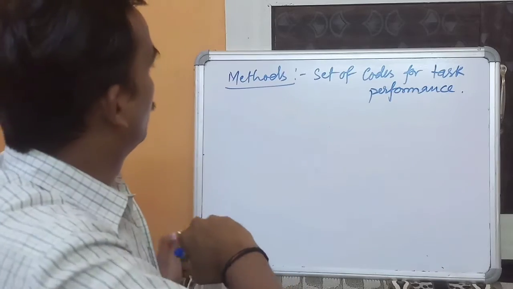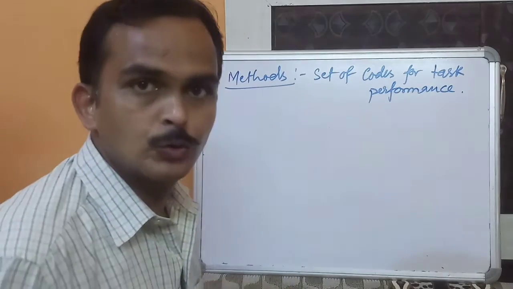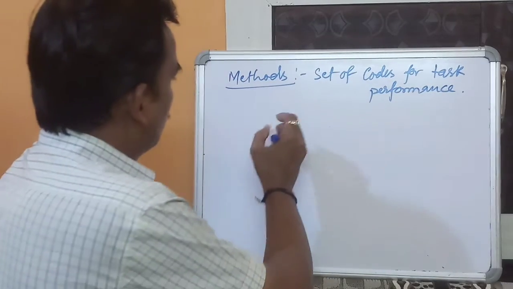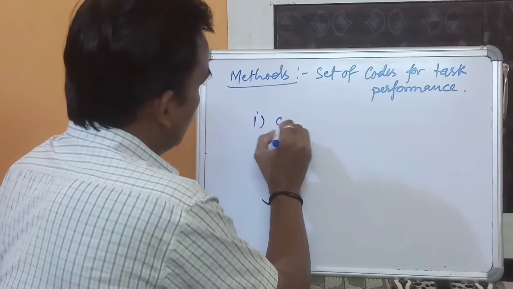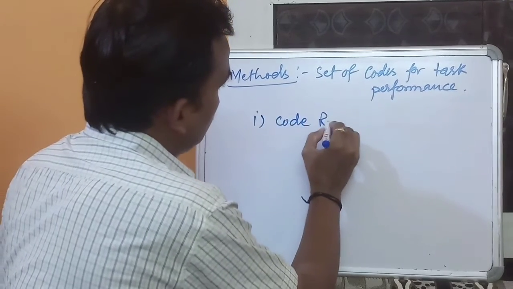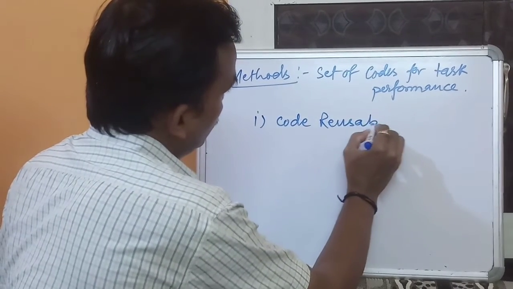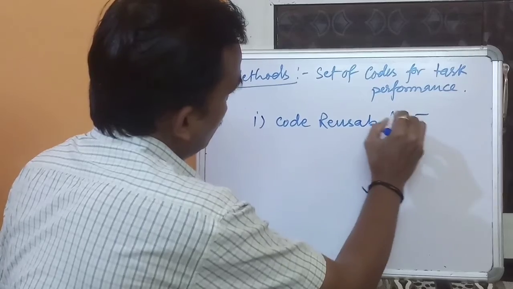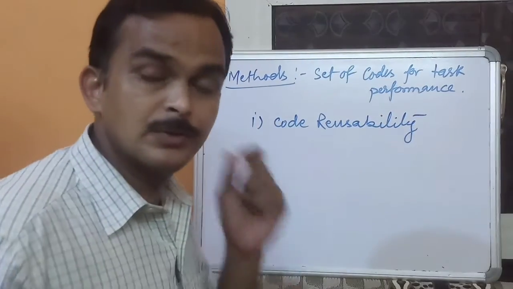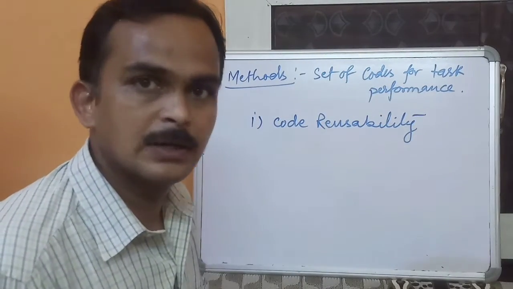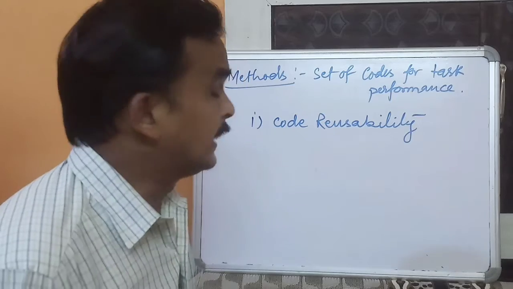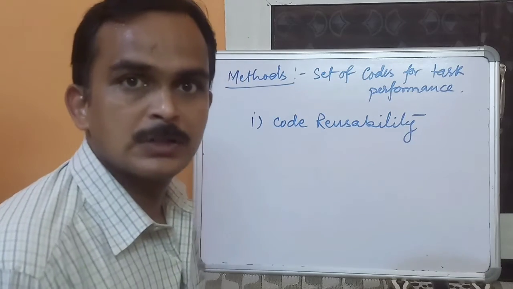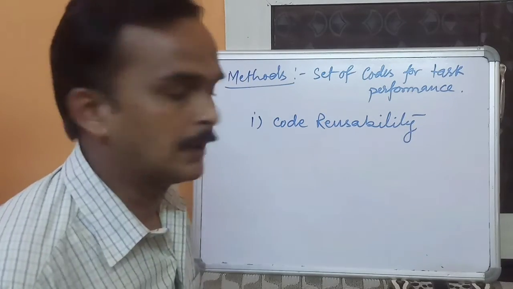Mainly it works on two concepts. First is code reusability. Code reusability means once we have designed a method, that code will be used again and again for the same kind of requirement.